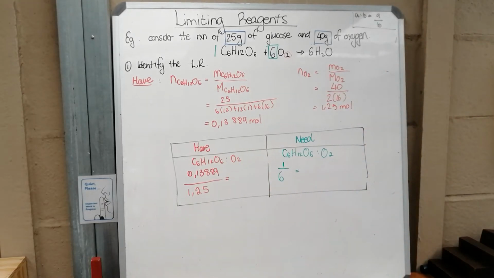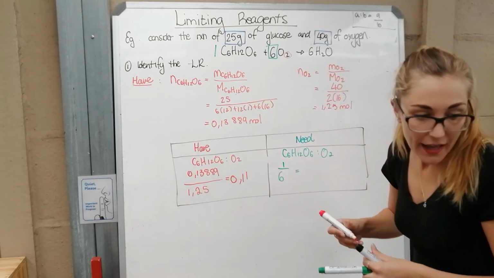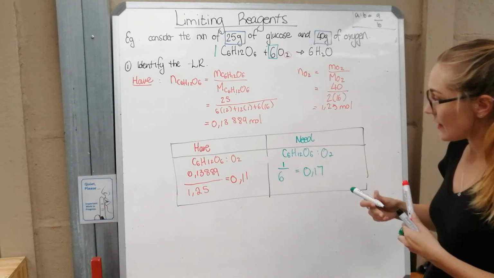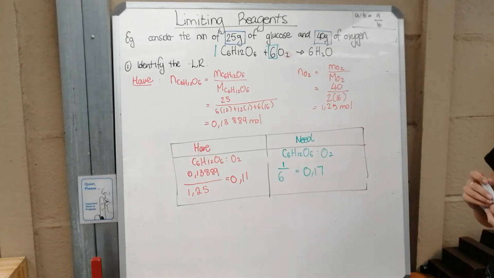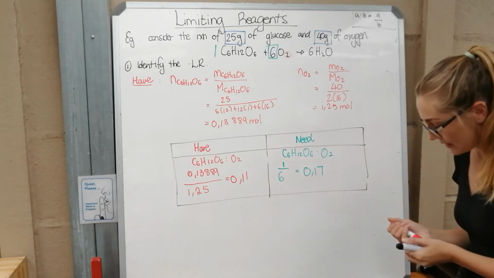So for the have ratio, we get 0.11, and for the need ratio, we get 0.17. Now the next step is to compare these values.